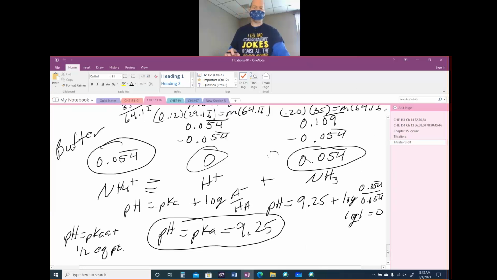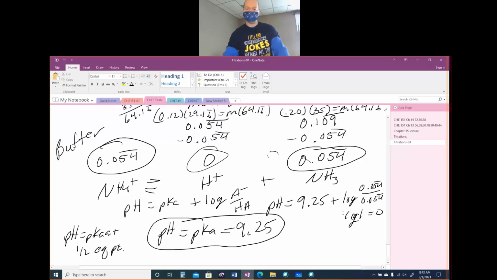Is this where we were at, the pH is equal to pKa at the half equivalence point? Does anybody have that? Okay. All right, so the easiest question on the test is going to be calculate the pH at the half equivalence point, because then all you have to do is take the pKa.